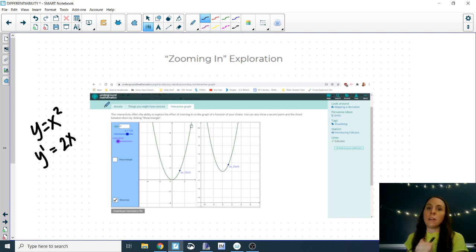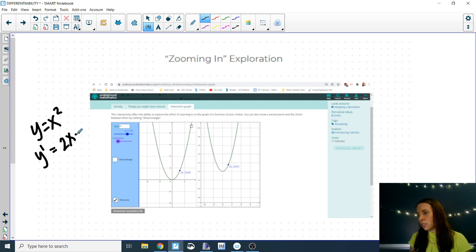Okay, and so the good thing about knowing how to find a function as your derivative is you can look at that function as well to determine whether your original function is differentiable. If your derivative function has no discontinuities, if it has no restrictions, there's a bow, woo! Y equals 2x has no restrictions, right? Y prime equals 2x has no restrictions.